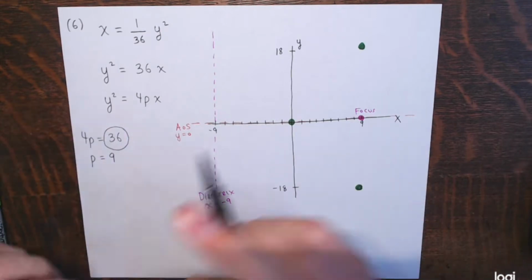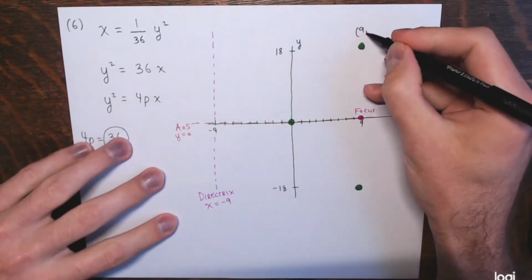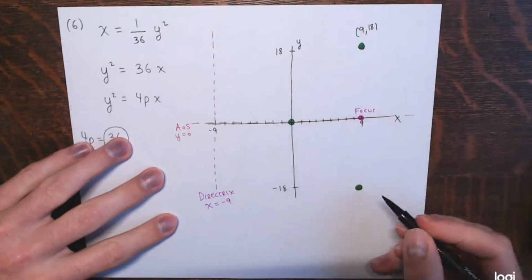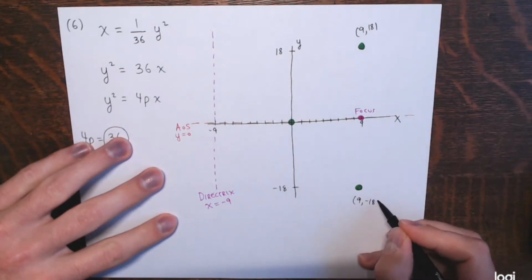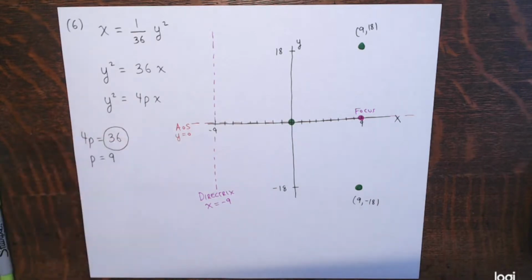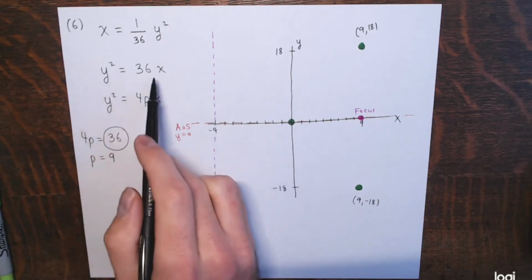I'll label them: here's (9, 18) and (9, negative 18). Again, check it out. Plug in 9 for x and 18 for y, and you'd get 9 equals 9 in these equations. You'd have 324 equals 324 in the second one.